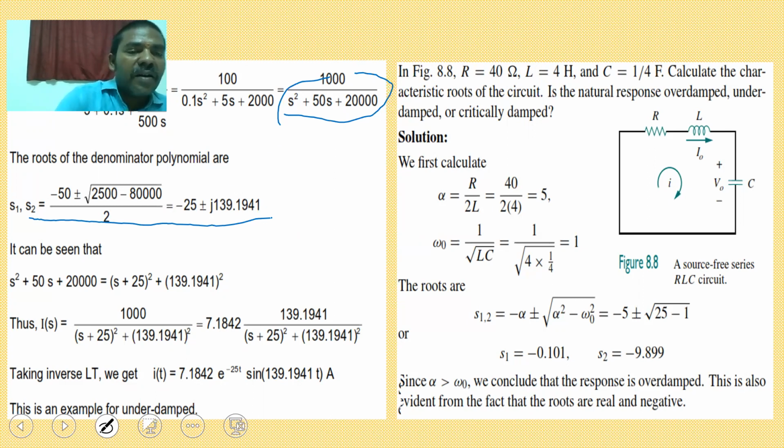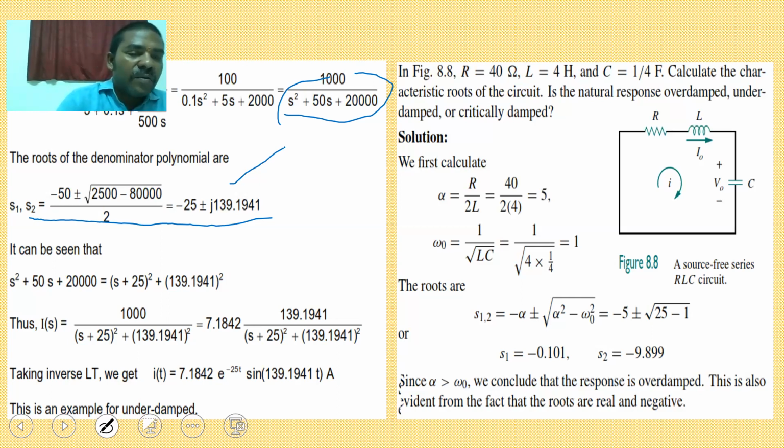Finally we are getting complex conjugates, −25 ± j139.1941. So it is complex conjugates. The system is an underdamped condition, case 3.